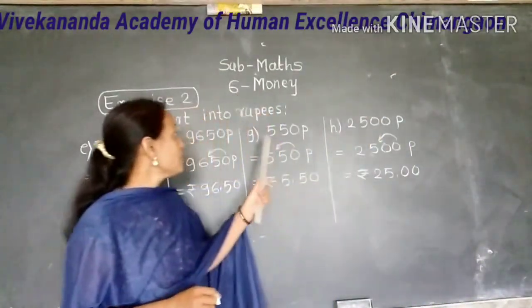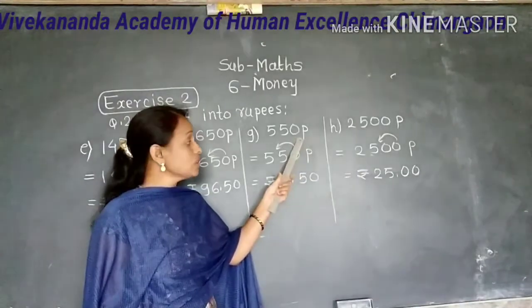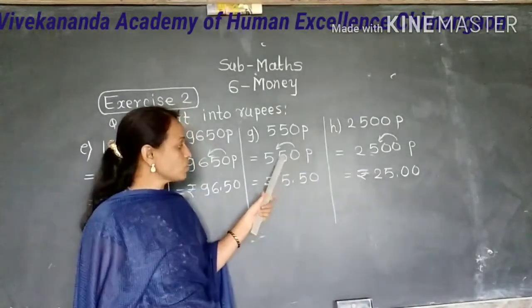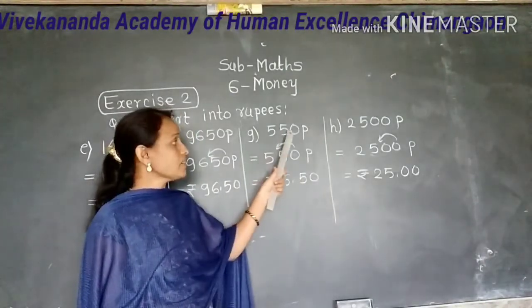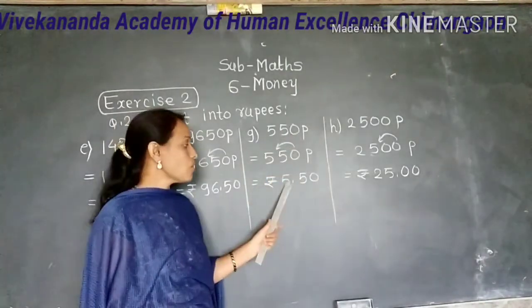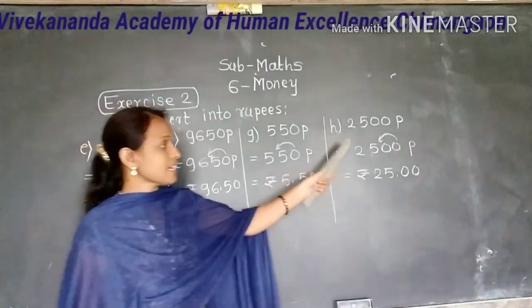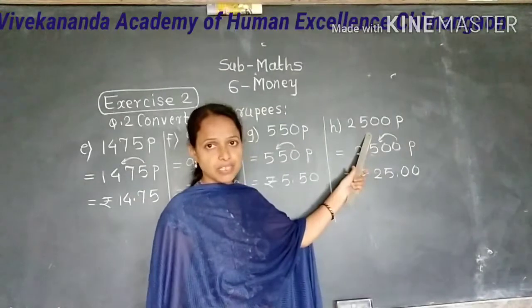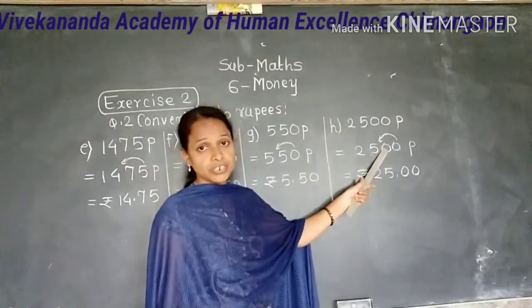Next example, 550 paise. So put the dot two digits from the right. So 1, 2. Here put the dot. So we get 550 paise into 5 rupees 50 paise by putting the dot. H, 2500 paise. So put the dot two digits from the right.